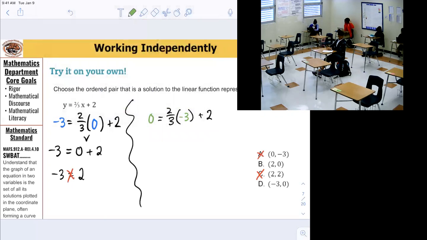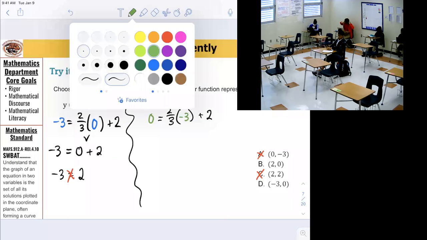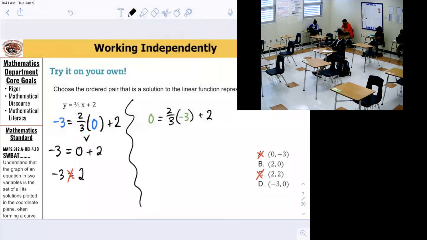So here I have to do a little bit of math. What is 2/3 times -3? -6 over 3. If you do it step by step, this would be 2/3 times -3 over 1.